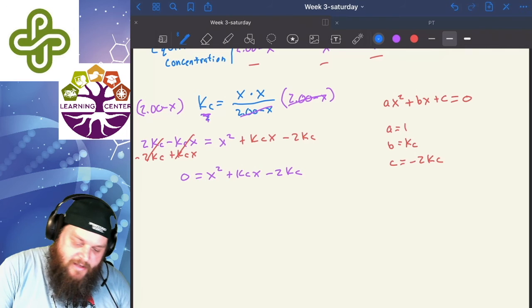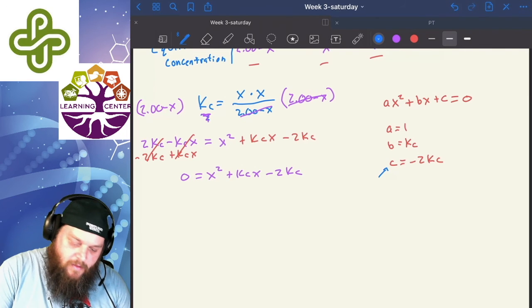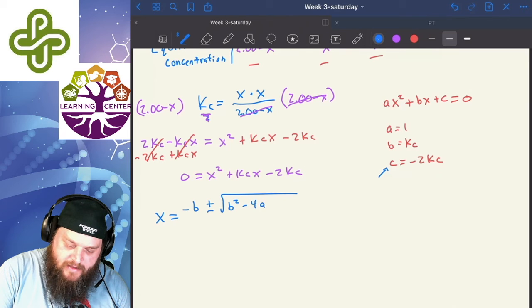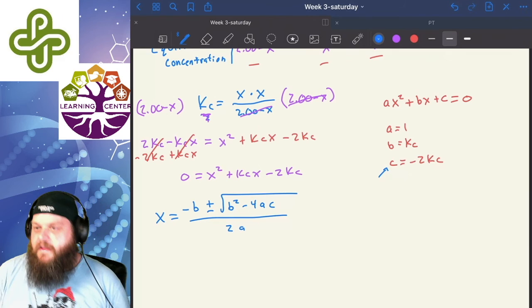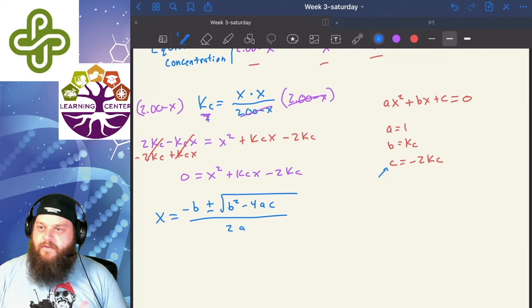So in this case, we can plug in these variables over here on the right into our equation. So that equation is x is equal to negative b plus or minus the square root of b squared minus 4ac all divided by 2a. That's your quadratic equation. And we're substituting in a, b, and c for those.